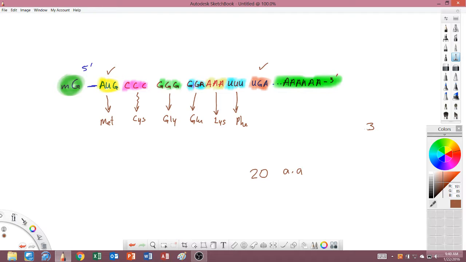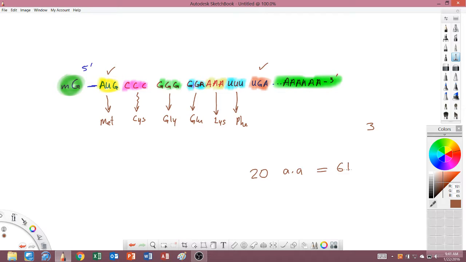They don't code for an amino acid. Okay? Now how many codons do you have left? 61. 61 codons will be coding for 20 amino acids. That means what? There are certain amino acids that will have more than 1 codon.